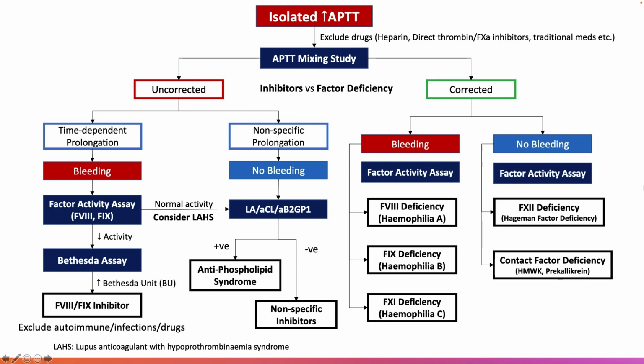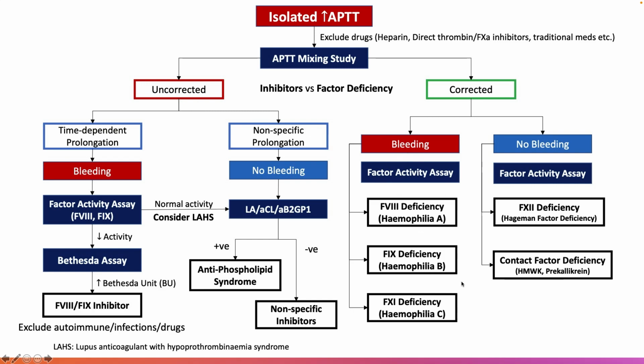So next is the isolated prolonged APTT. How should we approach it? When we encounter a patient with isolated prolonged APTT, the next important thing is to do a mixing study. A mixing study will tell you whether you're dealing with a factor deficiency or the presence of inhibitors. If you mix normal plasma with the patient's plasma and the APTT is corrected, then most likely you're dealing with a factor deficiency.